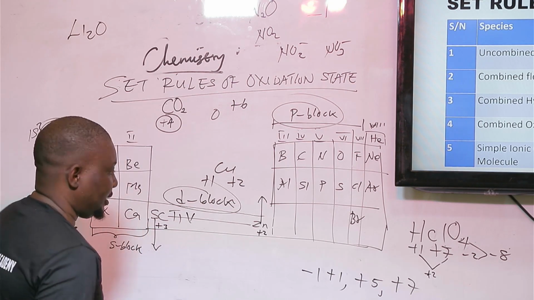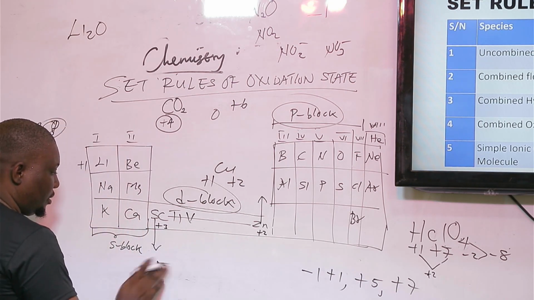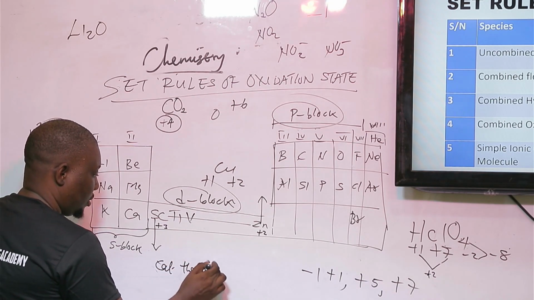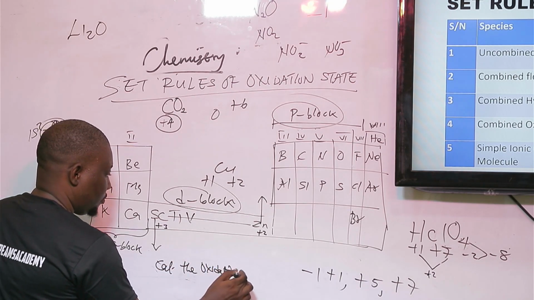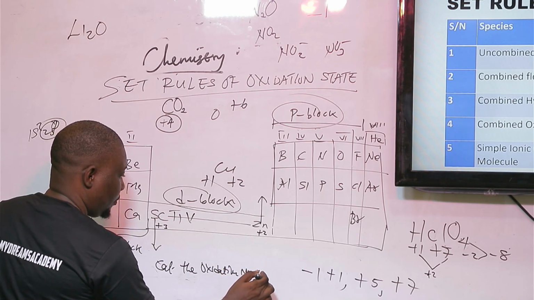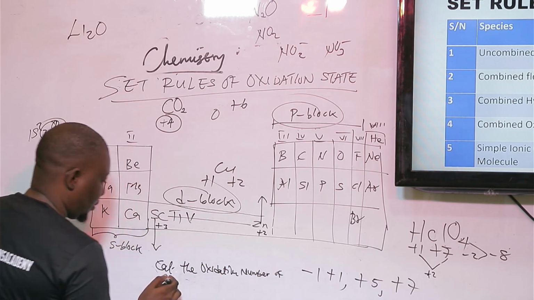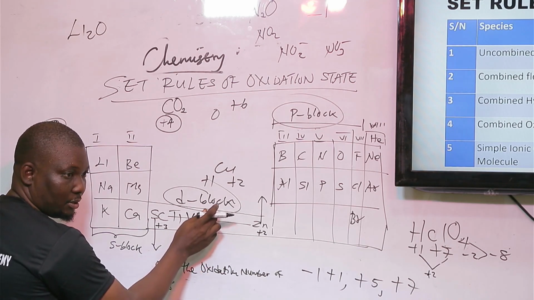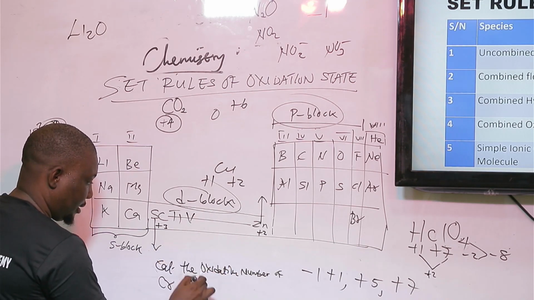I'll give you an example. Suppose you are asked to calculate the oxidation number of Cr in K2Cr2O7. Cr is in the D block, so it varies.